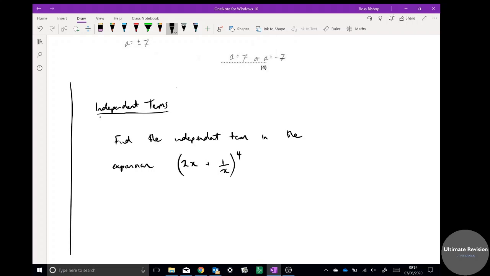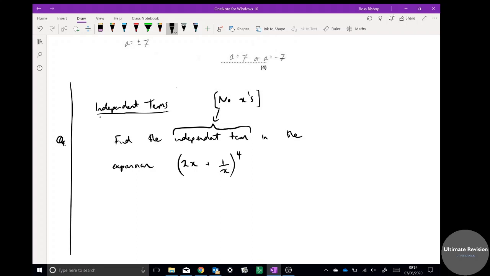Now, independent term means no x's. So we want the term that has no x's in, or the constant term. It's just a number that we're looking for when it says find the independent term.